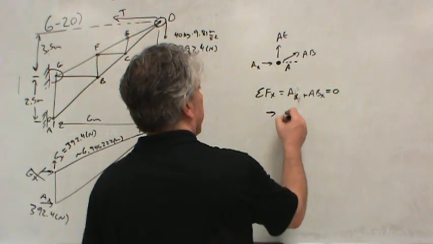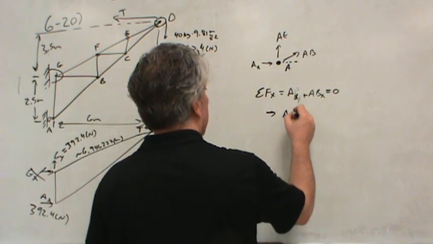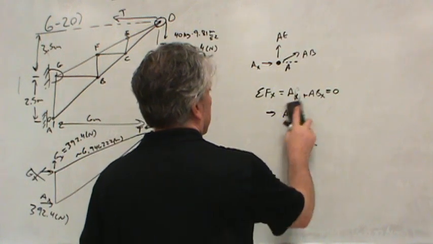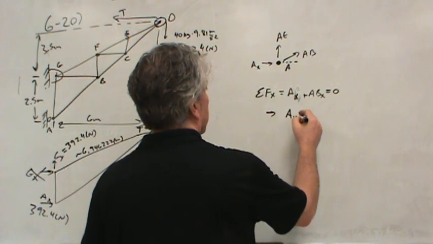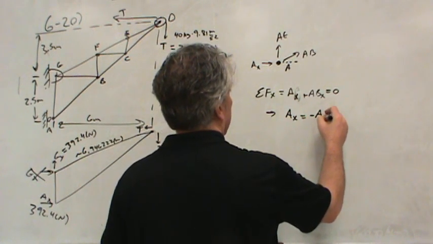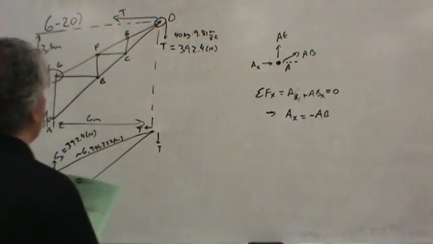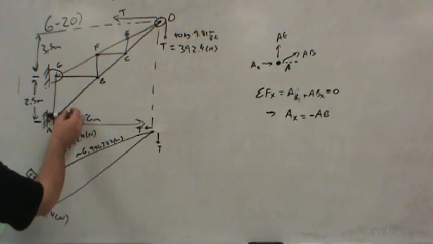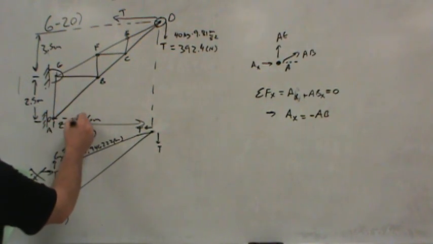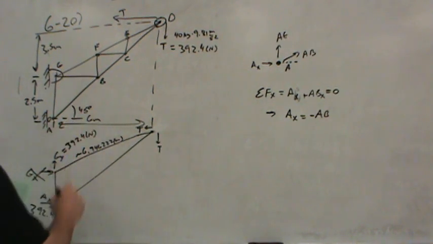So what does that mean? Well, that means AX equals negative ABX, and then that horizontal component would be how much? If you look at the geometry, what you'll realize is that this is a 45-degree angle.